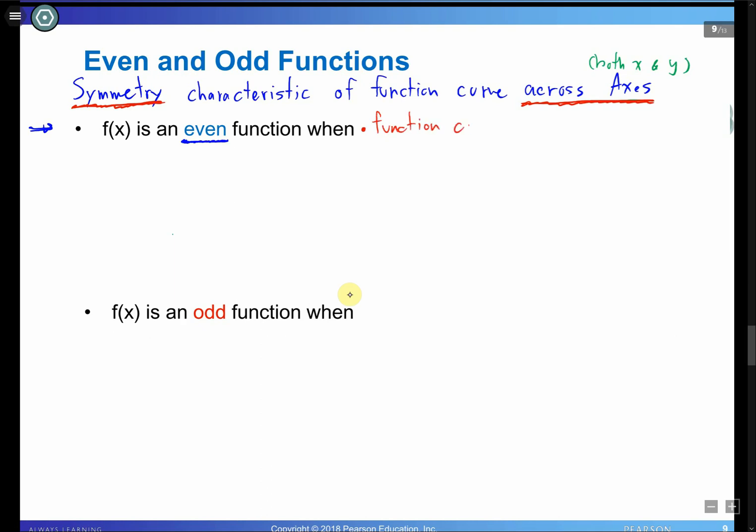is symmetric across the y-axis. In other words, the shape of the curve is mirrored horizontally across the y-axis.